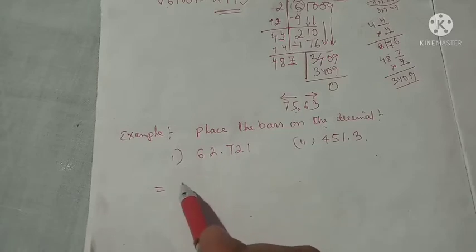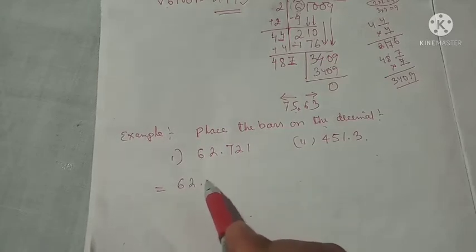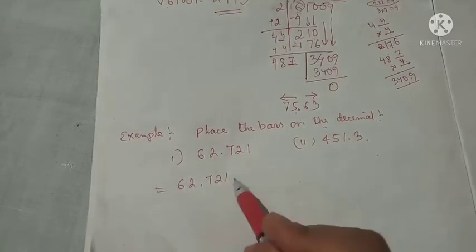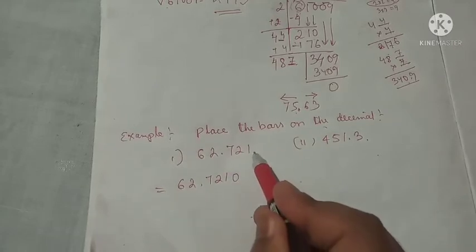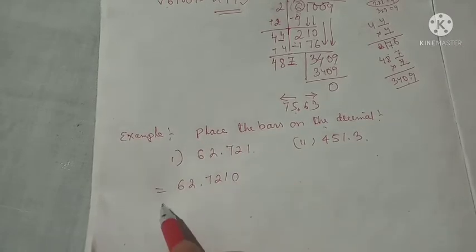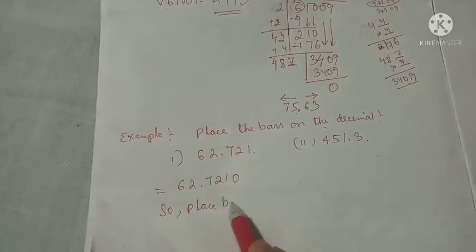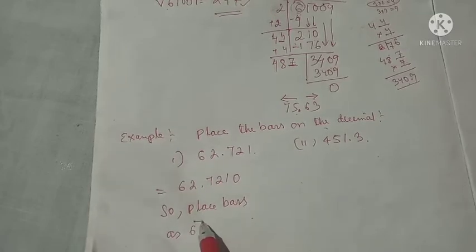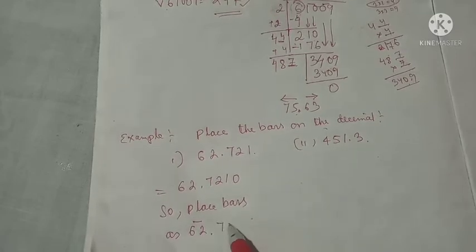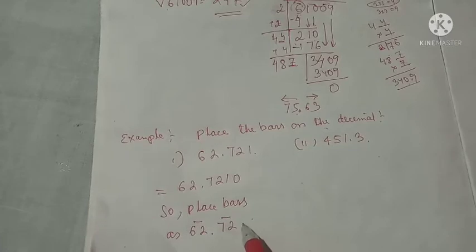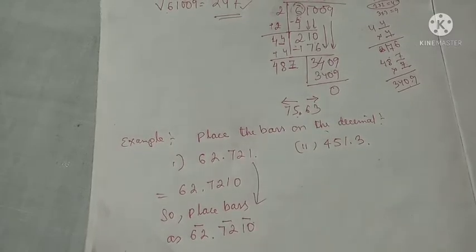We can make it an even number of digits by adding 0, giving 62.7210. So we place the bars as 62.72 bar 10 bar. In this way, we can put the bars on a given decimal number.